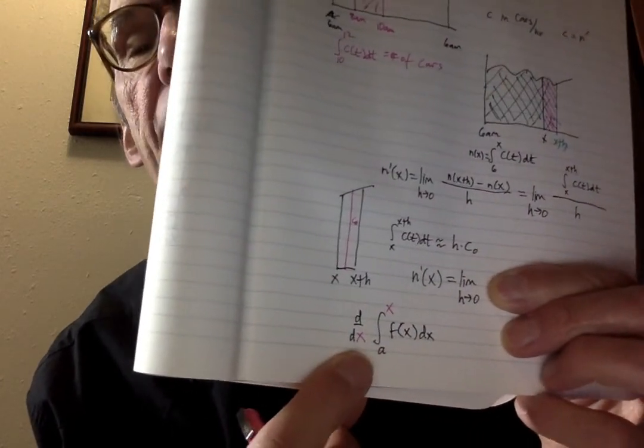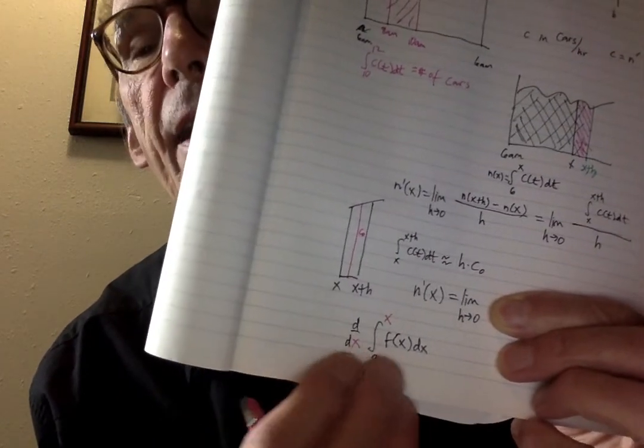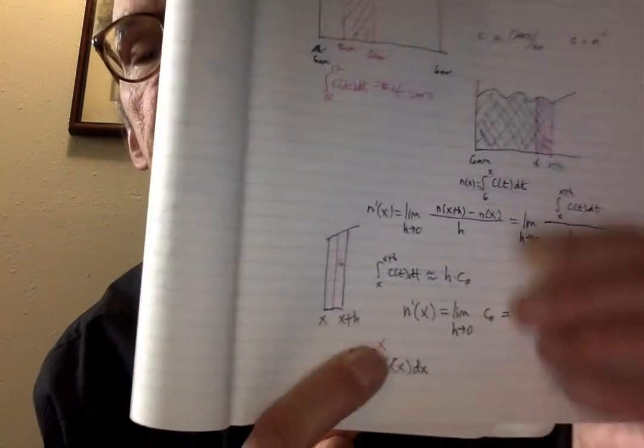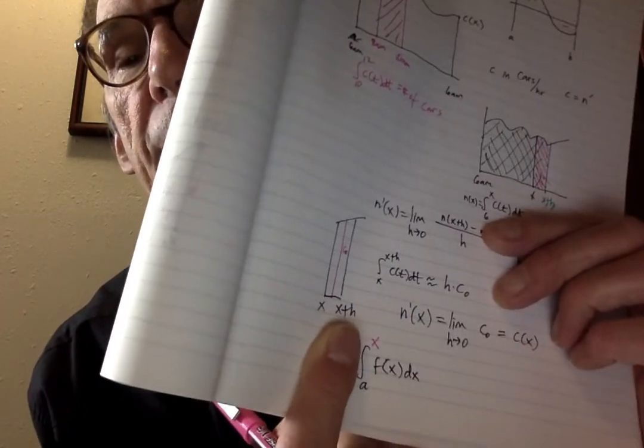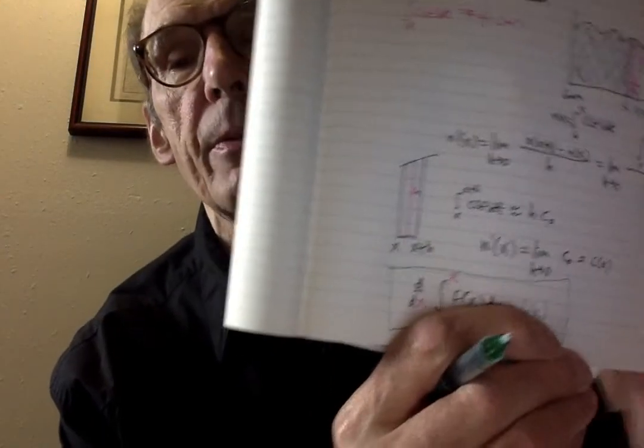We take that integral, and what we find every time is that we have this function, and then we take its derivative, and we get just plain old f of x. So that's the second fundamental theorem in the green box.